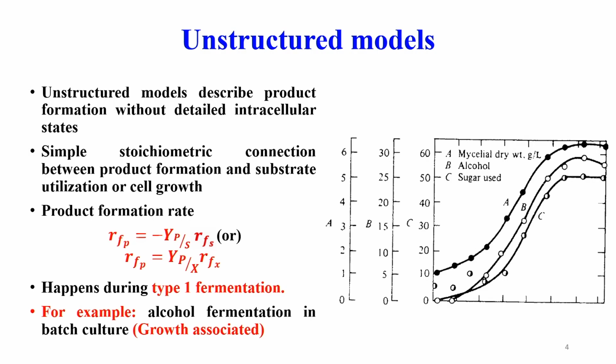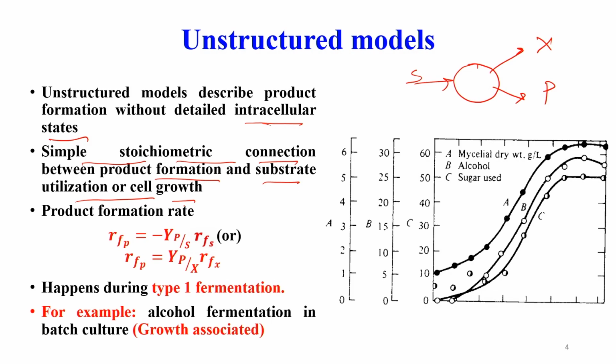The unstructured kinetic model, as the name suggests, considers the cell as a black box where substrate is converted to biomass and also to product. So, it does not consider the details of intracellular states. It is based on a simple stoichiometric connection between product formation and substrate utilization or cell growth.